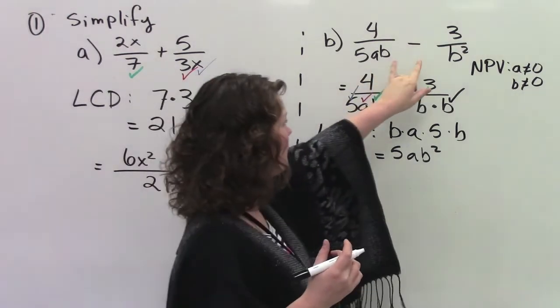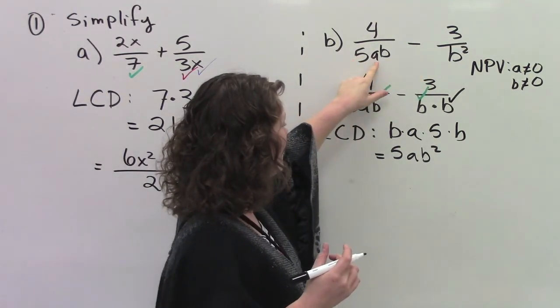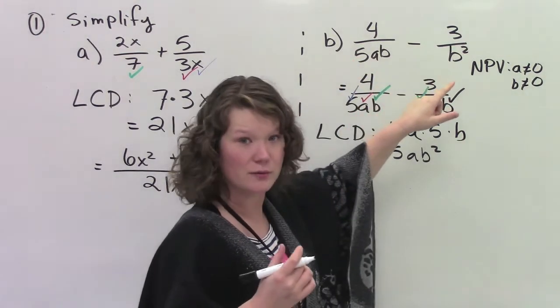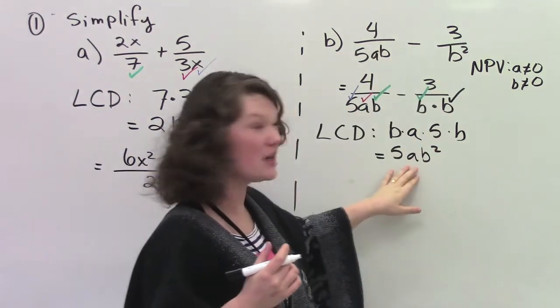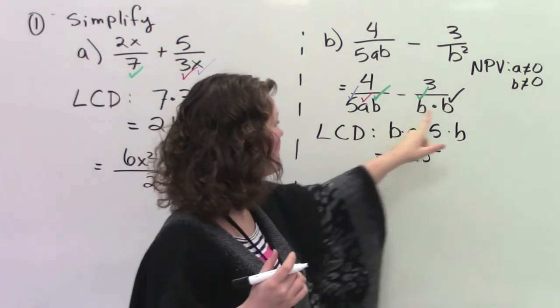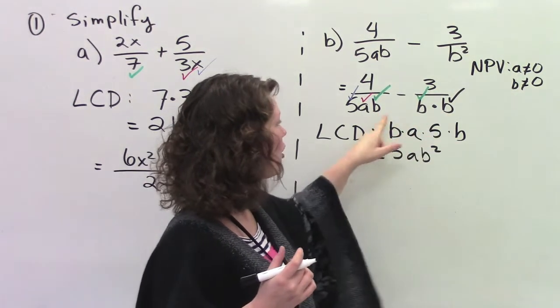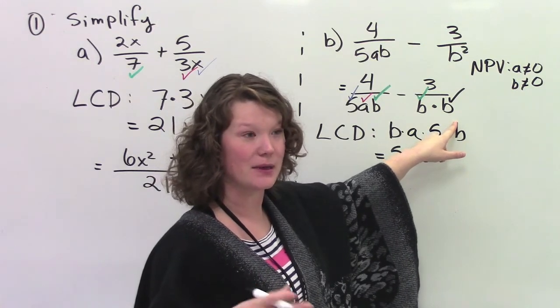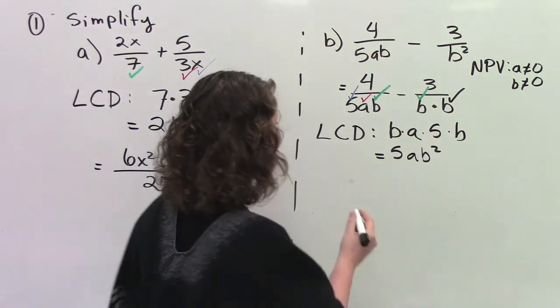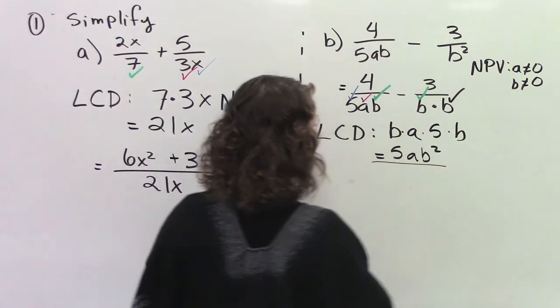But this one, if we multiplied them together, would be 5ab cubed. It wouldn't be squared. We would have an extra b. But since there's a b in common, you don't need to multiply it again. Okay? So we know that our lowest common denominator is this.